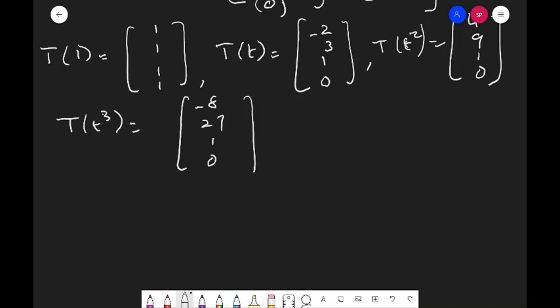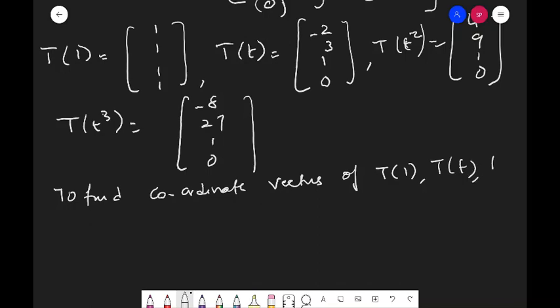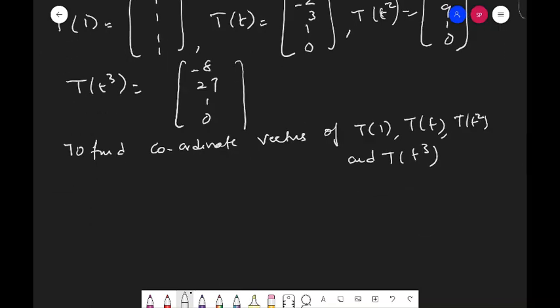Now we need to find the coordinate vectors of T of 1, T of t, T of t square and T of t cube. So first one, let me take the coordinate vector of T of 1 with respect to the basis. What is the basis of R4? I have taken B1.